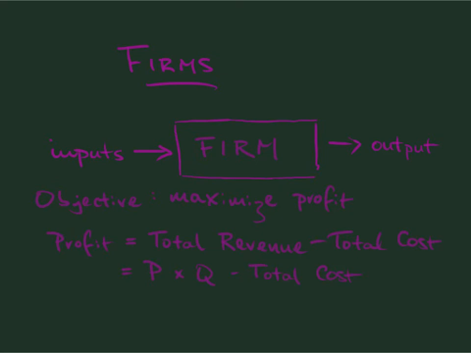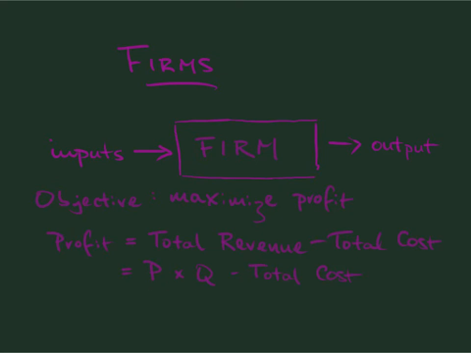Okay, so the definition of profit is the difference between total revenue, which is the money the firm brings in, and total cost, which is the money that the firm has to pay out. To put this another way, total revenue is price times quantity.